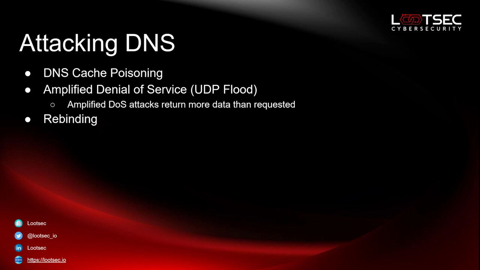DNS cache poisoning. So there's also denial of service attacks, and there's also amplified DNS attacks. An amplified denial of service attack is where, because DNS is UDP, you can send a packet from your IP address, but with the source IP of another box somewhere. And because the DNS response is bigger than the request.